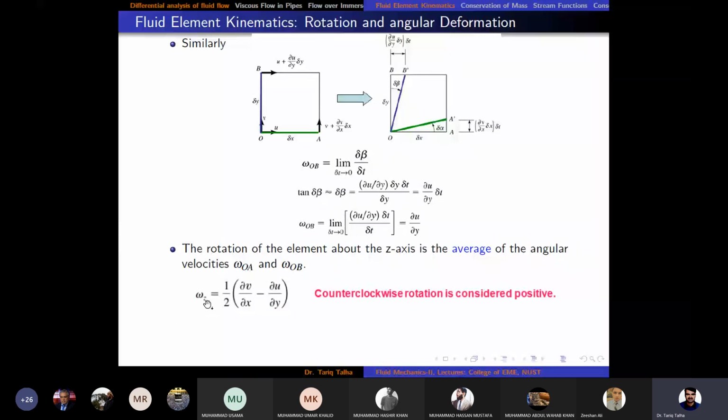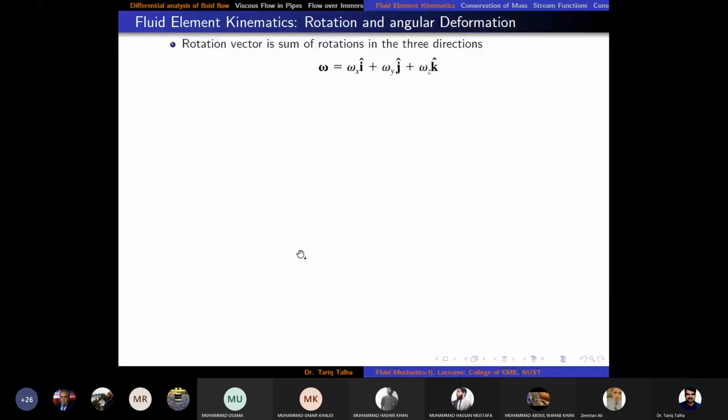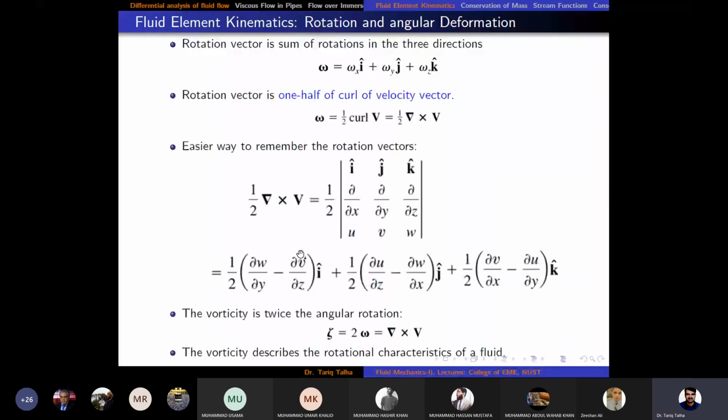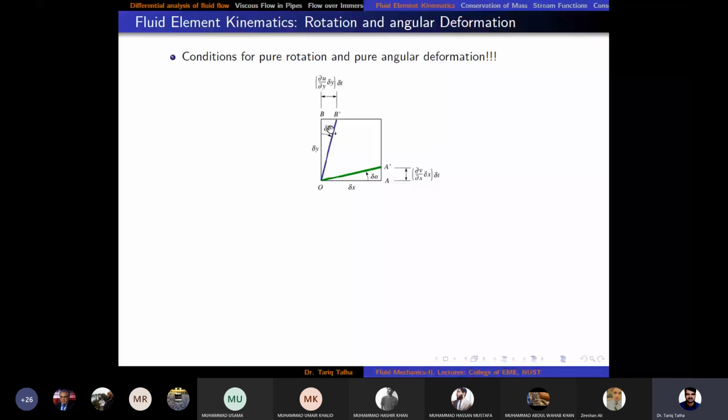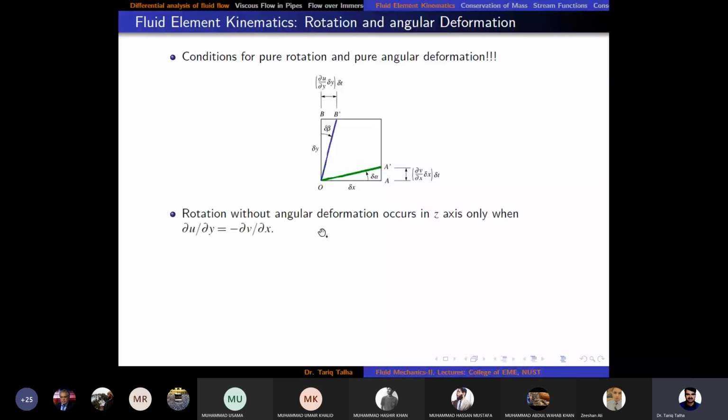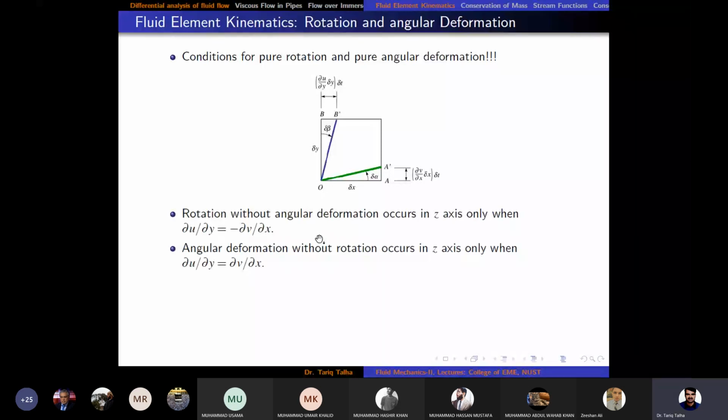When wz is equal to 0, which means partial v by partial x is equal to partial u by partial y. So in this figure, if delta alpha is equal to delta beta, because delta alpha is counterclockwise and delta beta is clockwise, if we add them, the result would be equal to 0. If that is the case, then we would have angular deformation without rotation.